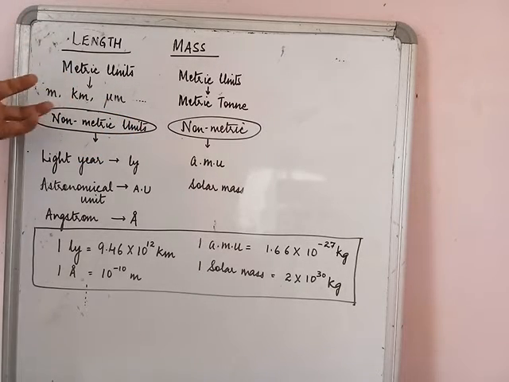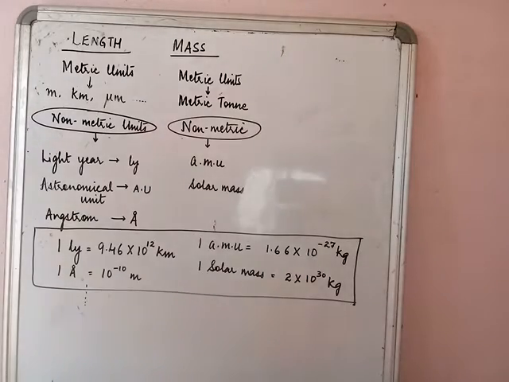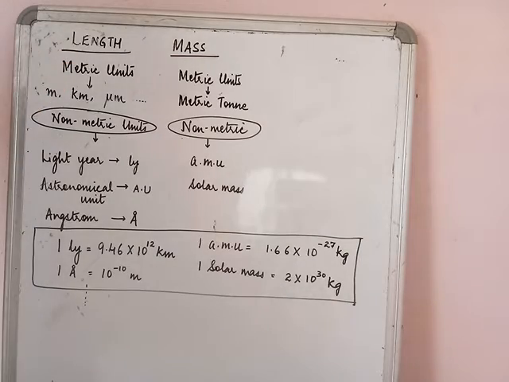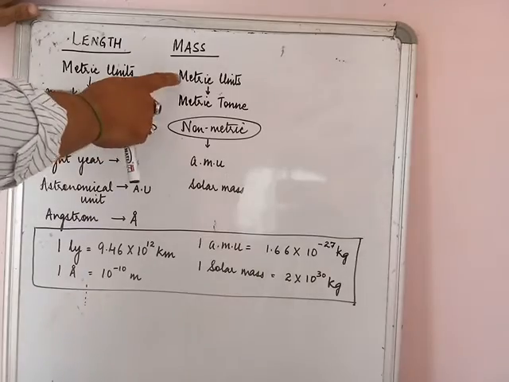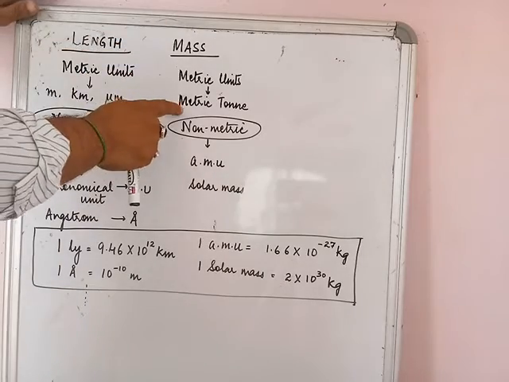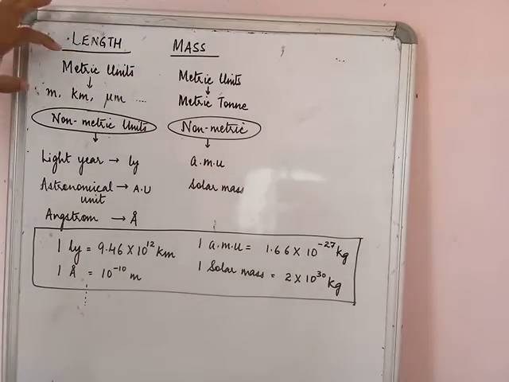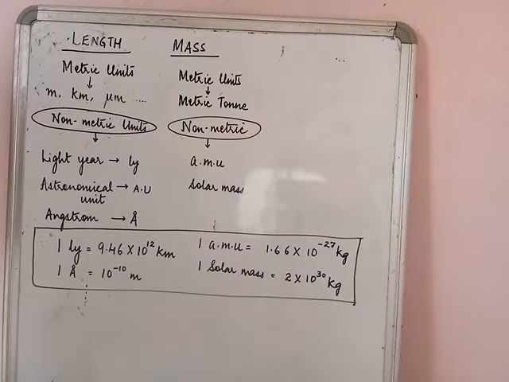If you see, all these have a meter attached to them. So they have been taken basically from the word meter. These are the metric units that we have. Similarly, in terms of mass, we have a metric ton. These are the metric units that we have.